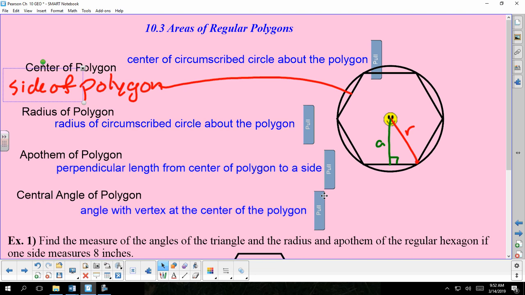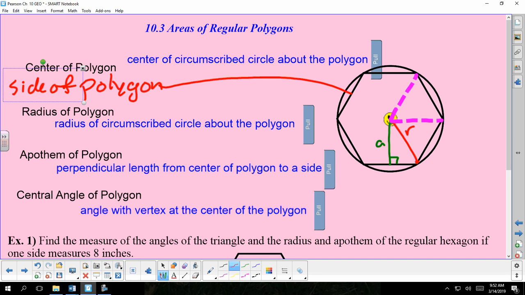All right, so our central angle looks like this. If it's a regular polygon, they're all going to be equal. There's the central angle right here.